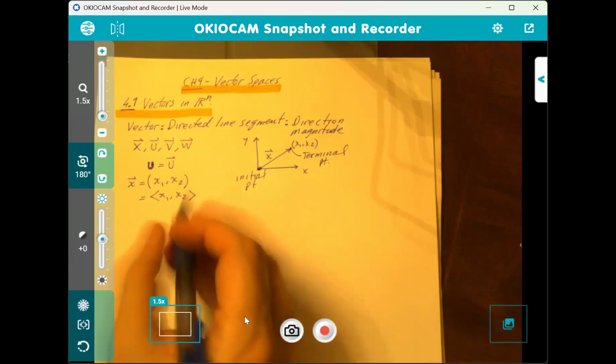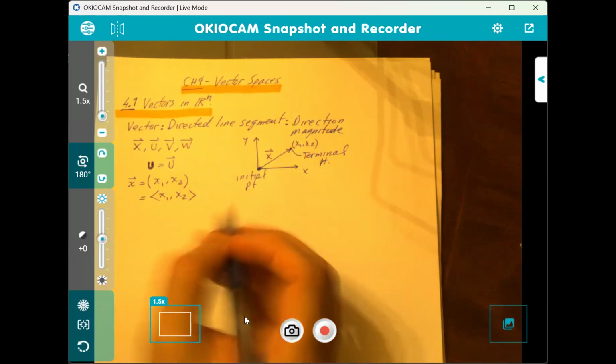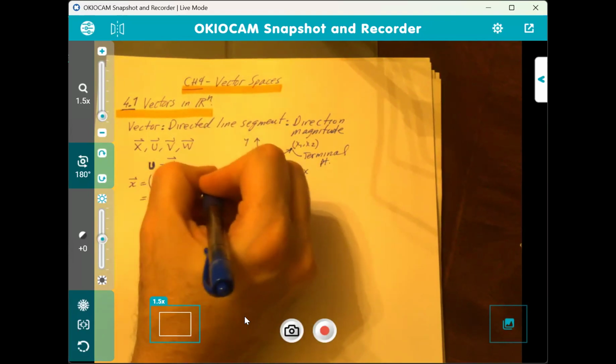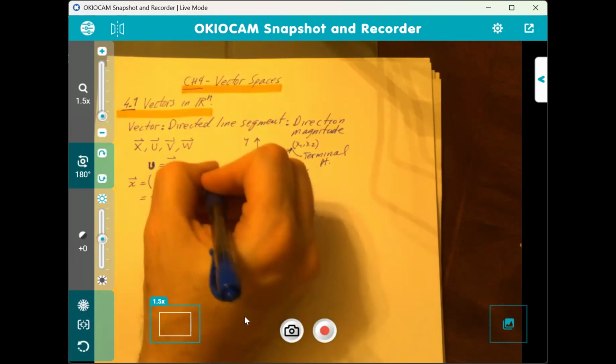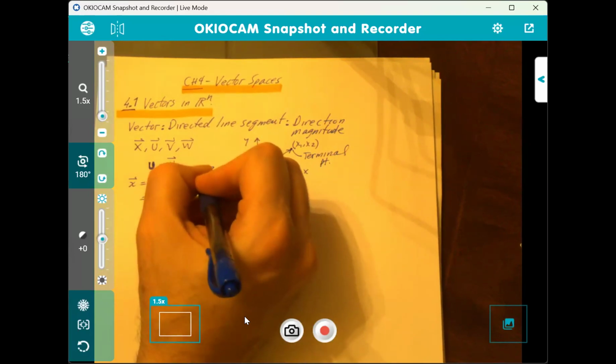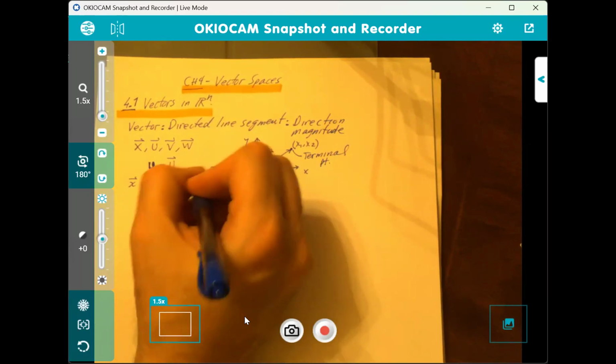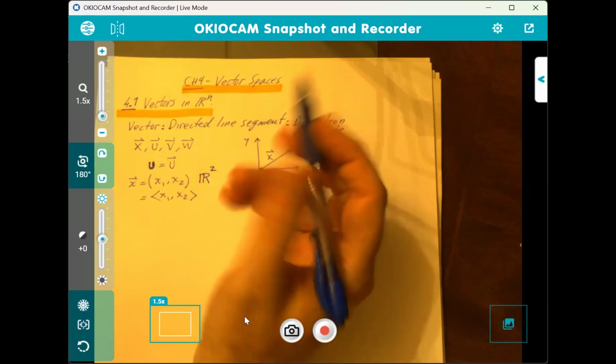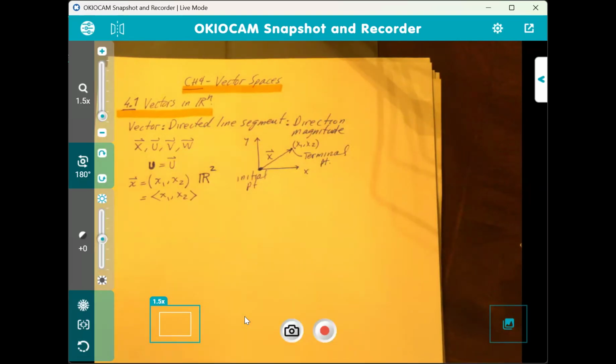Because there are only two components here, the vector you're looking at is in R, that funny looking R, which means real space. So we are in real space, R2, a two-dimensional space. When we think of a space, we think of three dimensions, right?